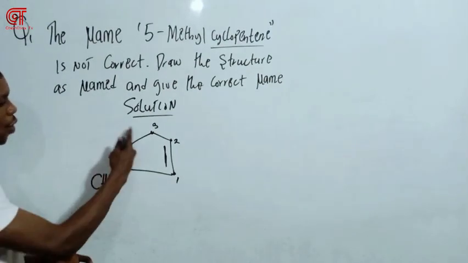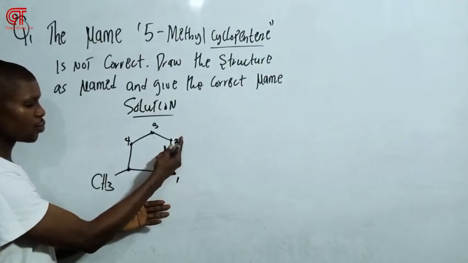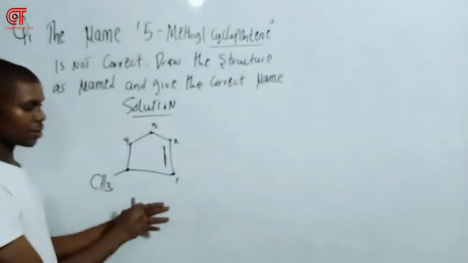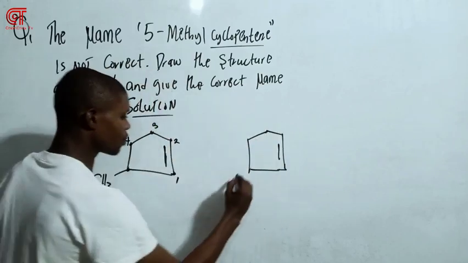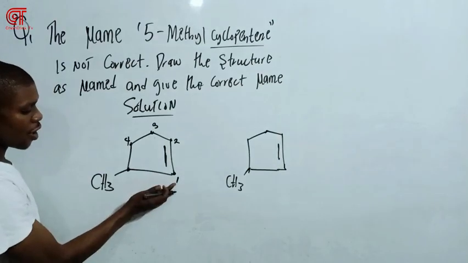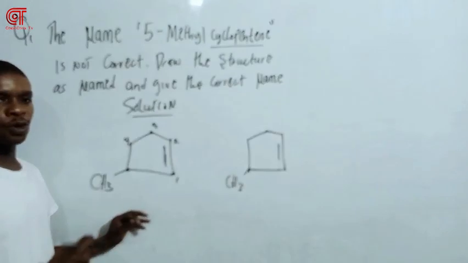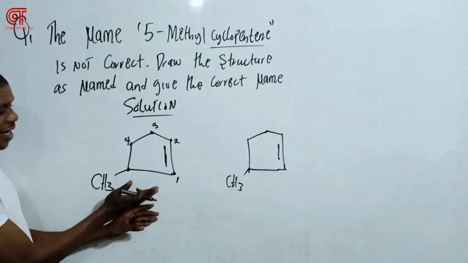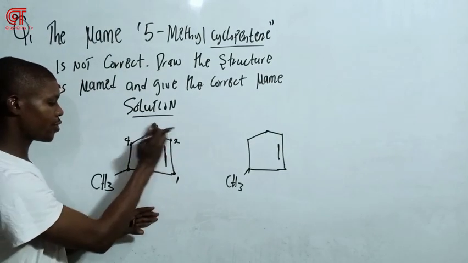If I draw this structure again, remember the two points of the double bond are the ones that can be carbon 1. If you use one as carbon 1, the other is carbon 2. In this structure, they took here to be carbon 1, so it now becomes 1, 2, 3, 4, 5.